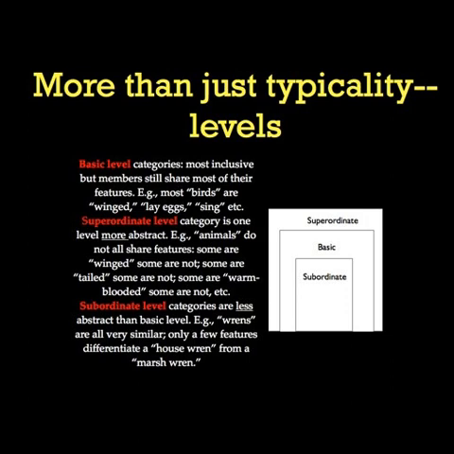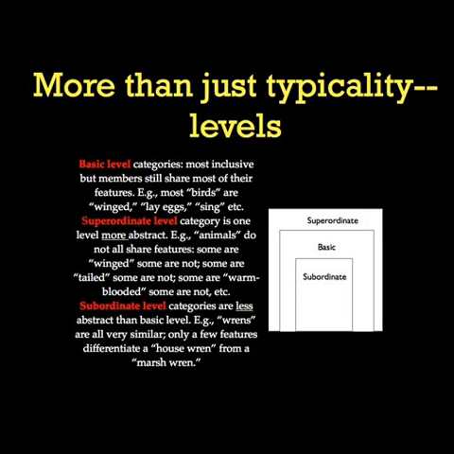So the basic level is the most inclusive, but members still share most of their features. For example, most birds are winged, lay eggs, etc. So it's defined as what characteristics the members of this category share in common.